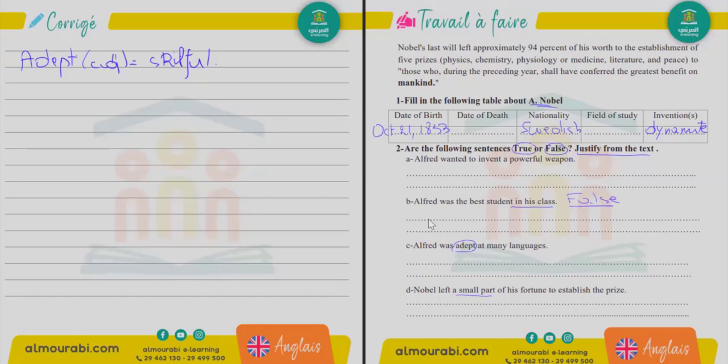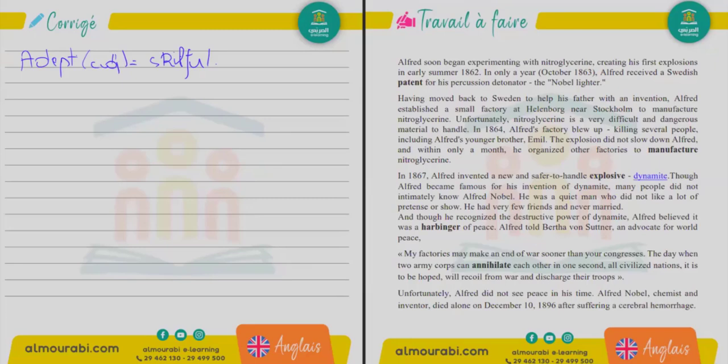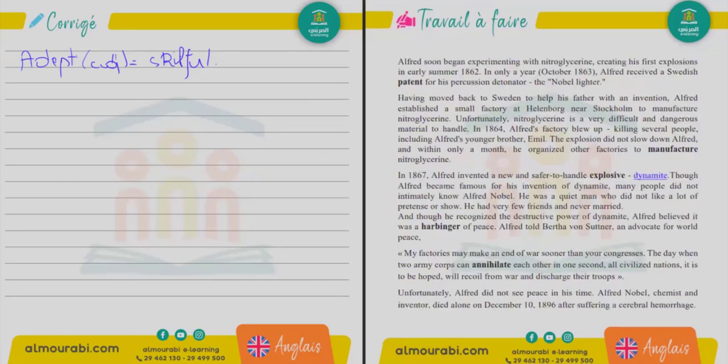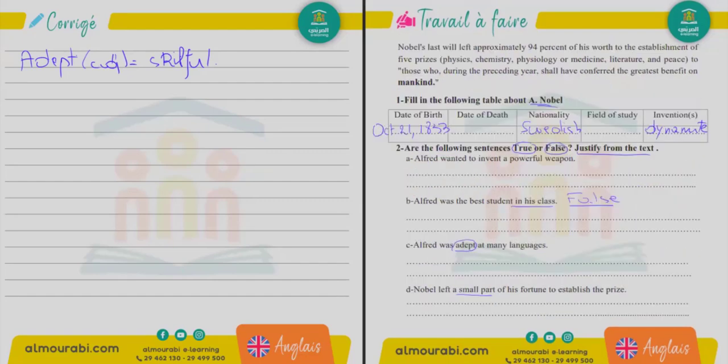Here you need to give me the detail, the justification, as we understood tutored in the reading comprehension. Alfred was tutored at home until the age of 16. He didn't attend classes. So first I would say this is false, because the question is true or false.